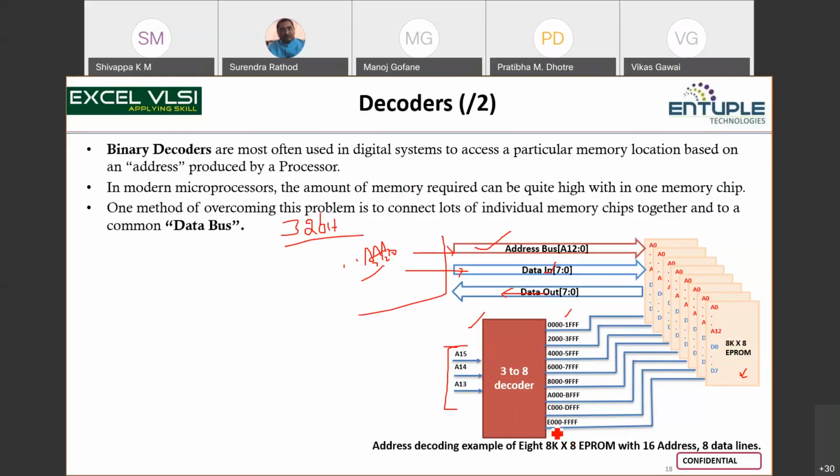Let us come from this side: this one, and then when the value is 2, this is 4, this is 6. This is the real application of the decoder actually.